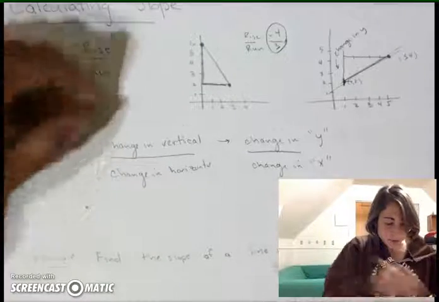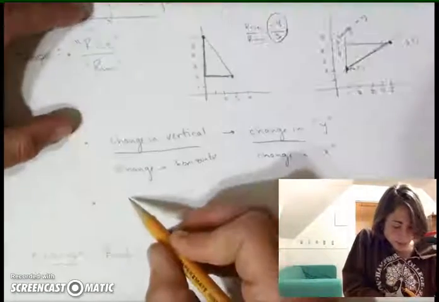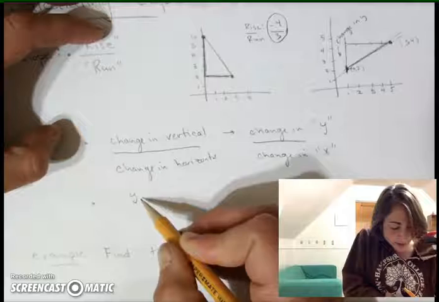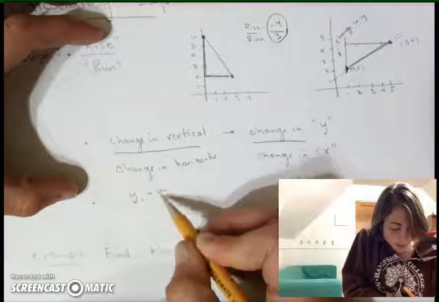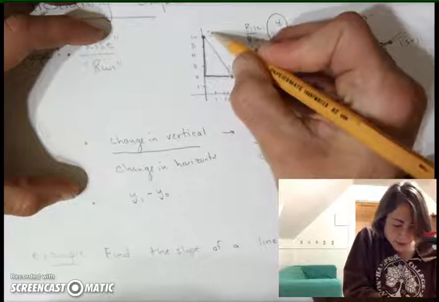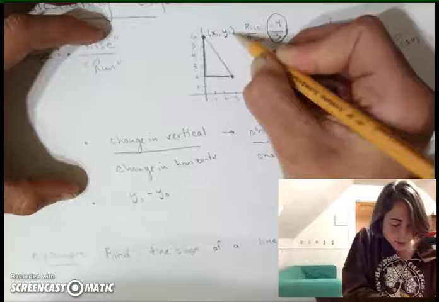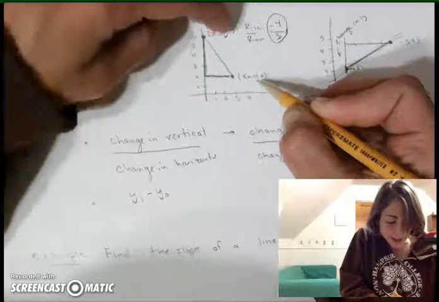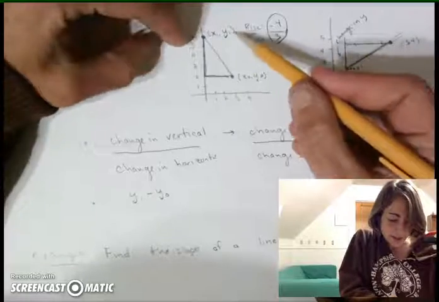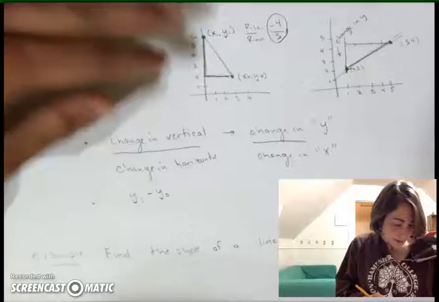The change in the vertical, we can calculate this vertical difference by just doing the difference in the y values. So I might write y1 minus y0 if this point is called x1, y1, and this point is called x0, y0. I take the difference in the y values, so for example 6 minus 2, to get the vertical distance.